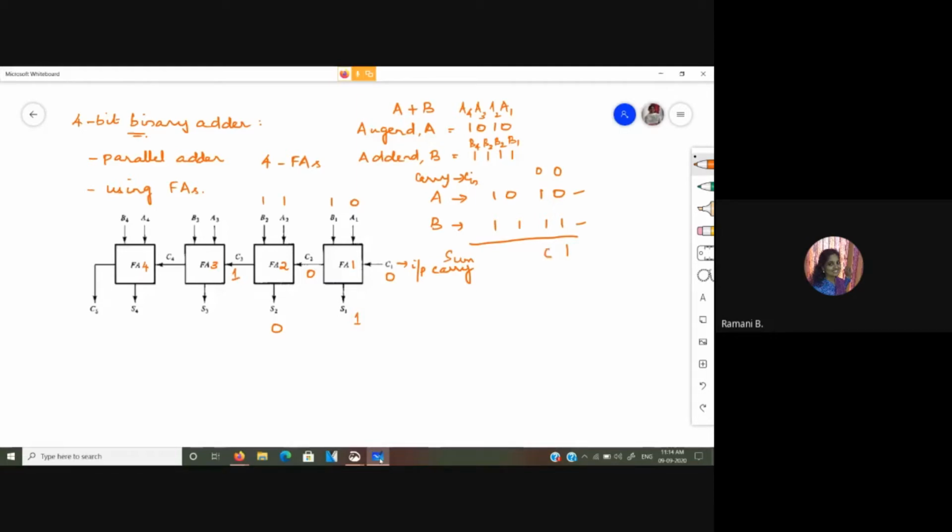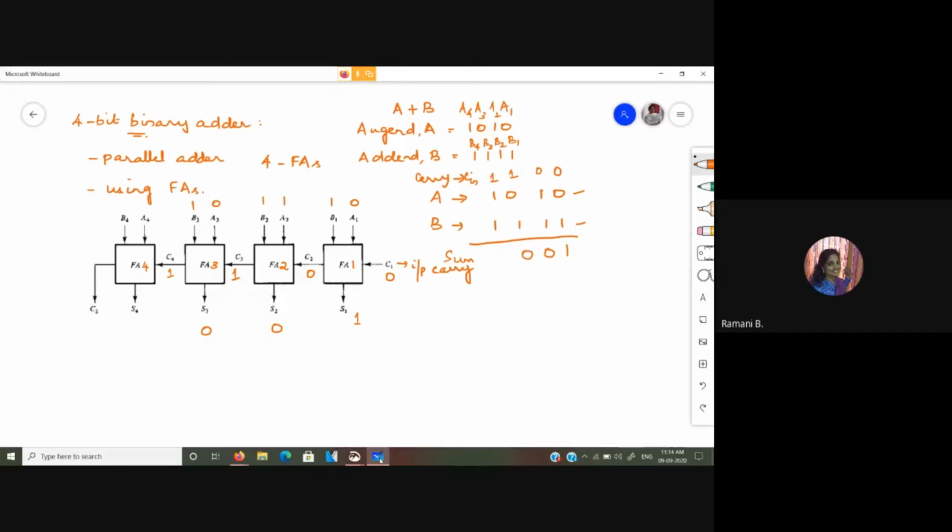So sum is 0 and carry is 1. Then with the third bit position, A3 is 0 and B3 is 1. So now adding again here 1, 0 and 1. So adding all these again you will get the sum to be 0 and carry to be 1. So sum is 0, carry is 1.